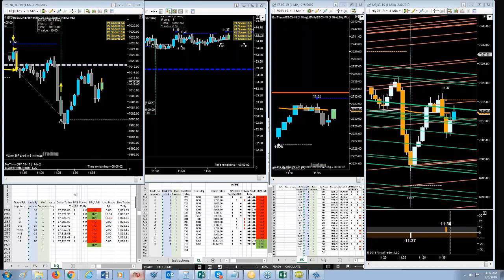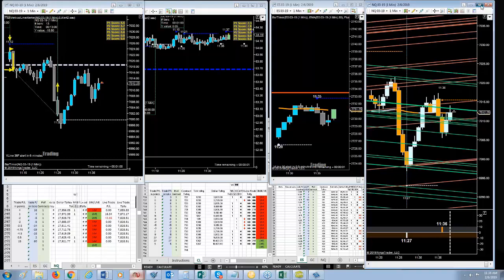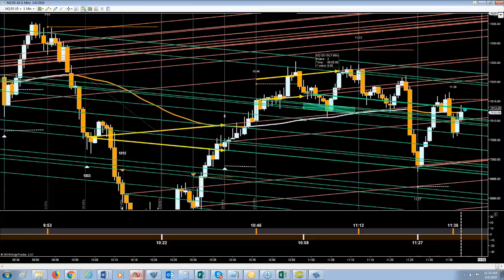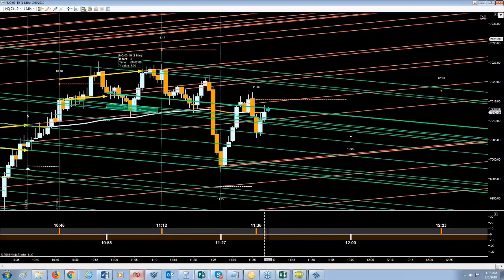If you guys want it, it'll have the construction lines on here, if you want to be able to go back and replicate what we did. So how do I do that?